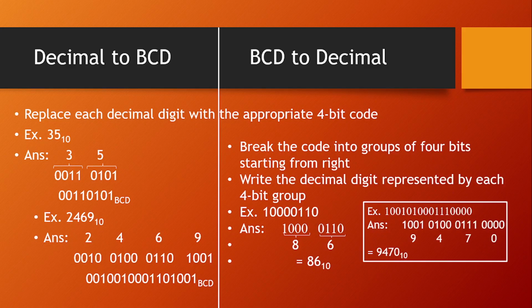So write down the 4-bit equivalent of 3 and the 4-bit equivalent of 5. The 4-bit equivalent of 5 is 0101 and of 3 is 0011. So the BCD code for 35 is 0011 0101.